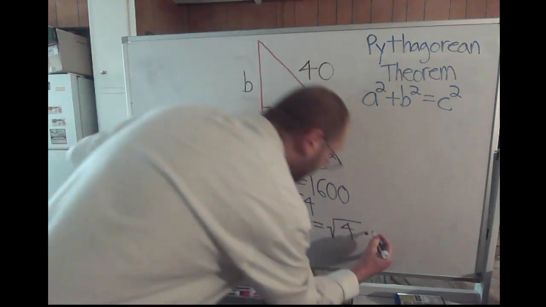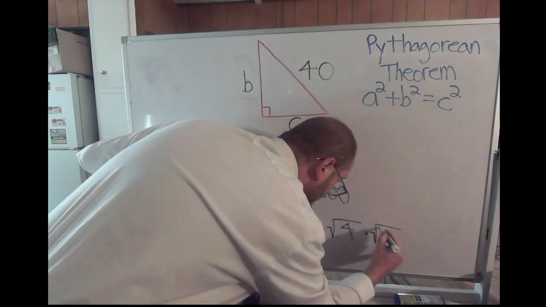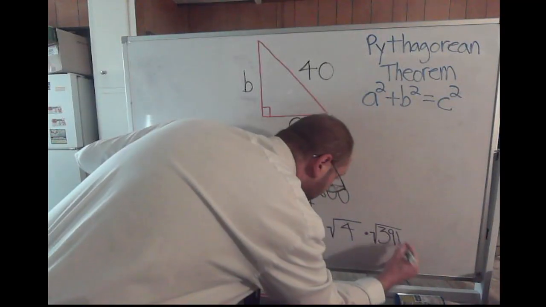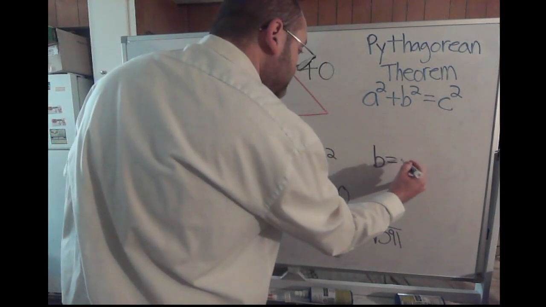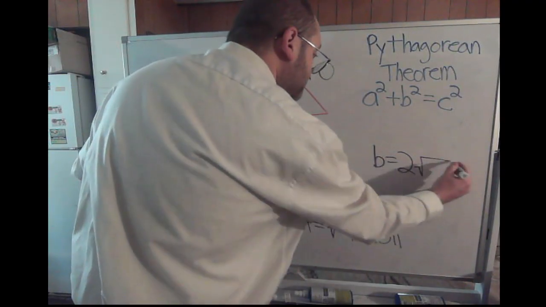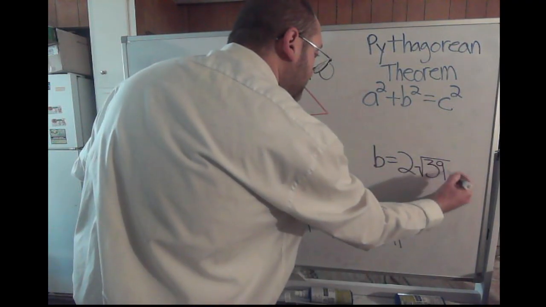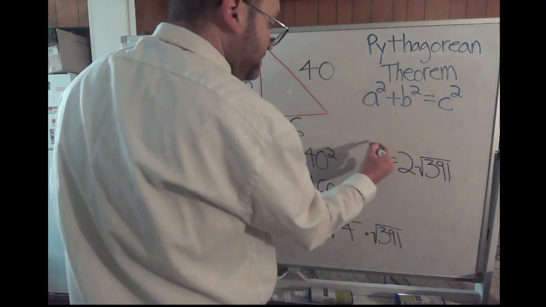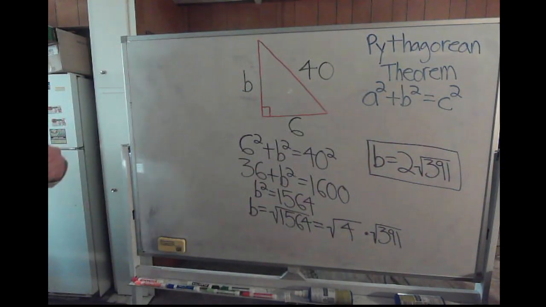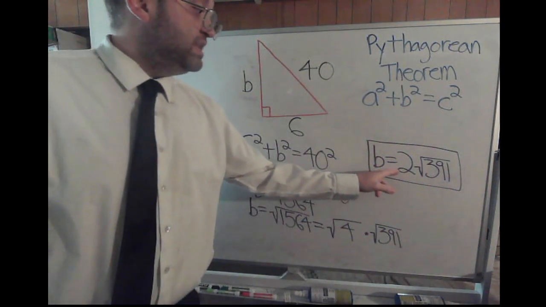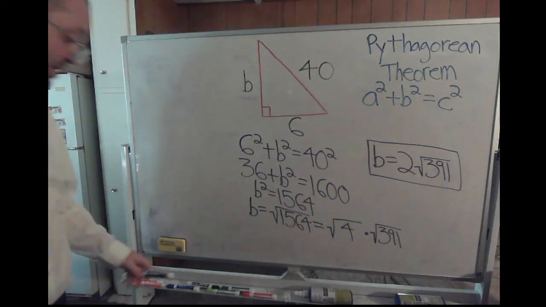Alright, so it'll break down into the square root of 4 times the square root of 391. Well, we know the square root of 4, that's 2. So B would end up equaling 2 times the square root of 391, because 391 doesn't break down any further. So the answer for side B is it would have a length of 2 times the square root of 391.